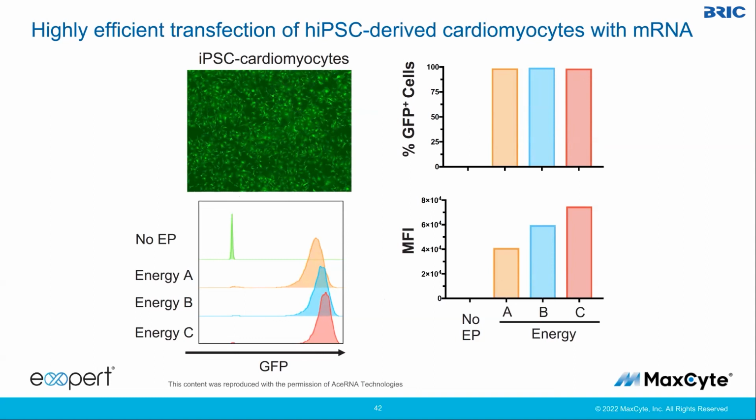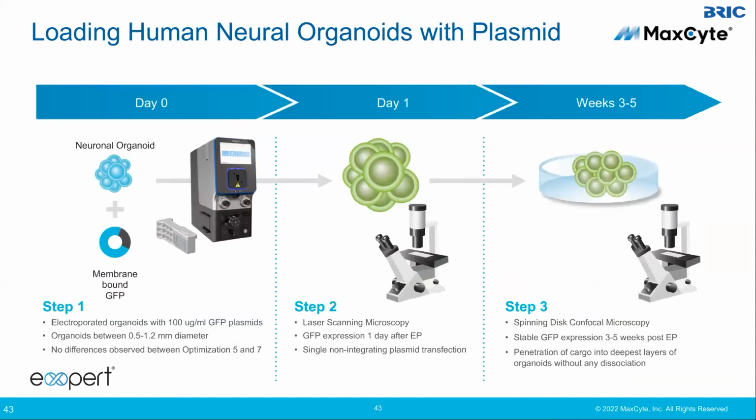And the last piece of data I'm going to show is with neural organoids. This was done in collaboration with a laboratory at UCSF. So for any organoid groups out there, using neuronal organoids, we electroporated them with membrane-bound GFP-expressing plasmid.